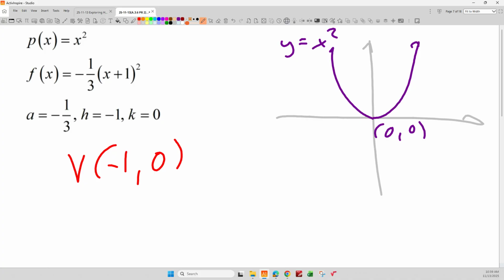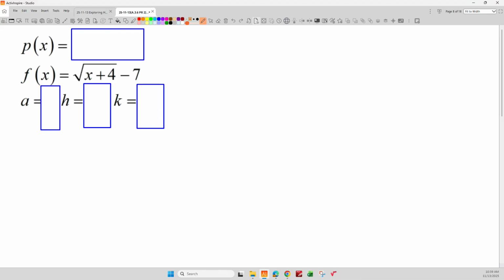So we always know that the vertex of a function that has a vertex is going to be at coordinates h, k. So when I pick out the values of h and k, I'm really just finding the location of the vertex for that function, which makes it really easy to graph, because that tells us the location of the function, and then we just need to know what shape it is going to be, right? Okay, you start to see how we're approaching this stuff?